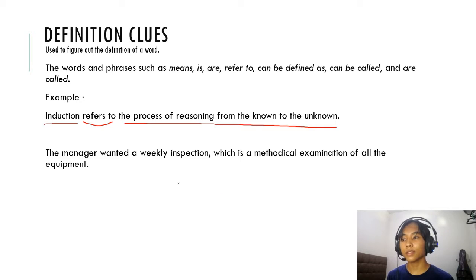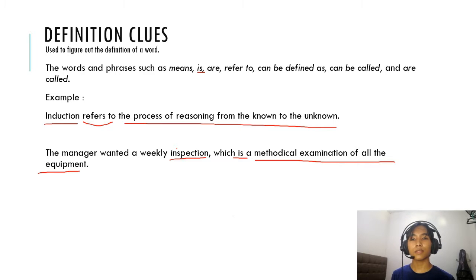Next, the manager wants a weekly inspection, which is a methodical examination of all things. So this is the special word, is. These words are explained after this special word.